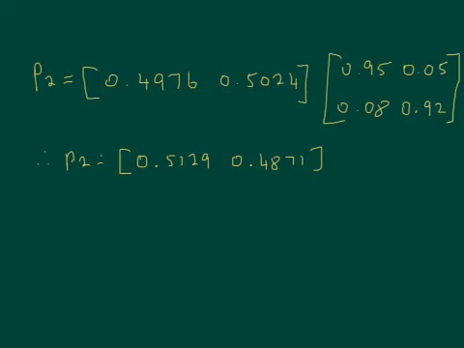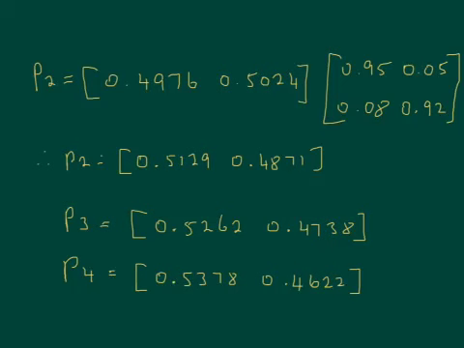Alright, so let's press pause at this stage and see how you go in terms of getting P3. What will you do to get P3? You'll multiply P2 by your transition matrix. So there you go, that's P3, and if you want to pause now, when you press play you'll see P4. And there you have it, P4.